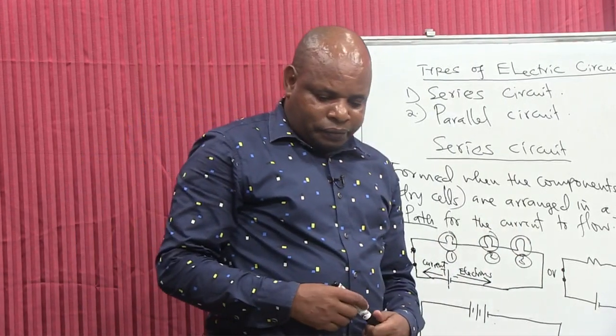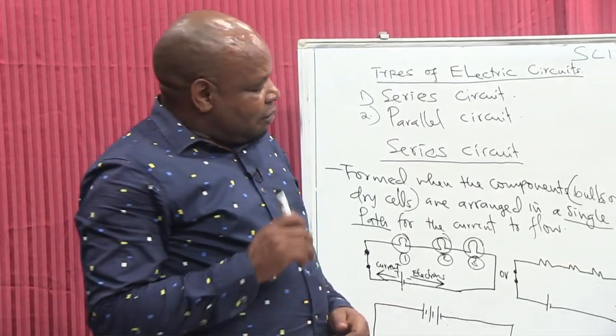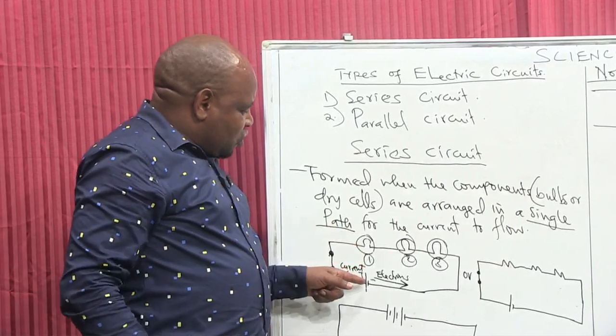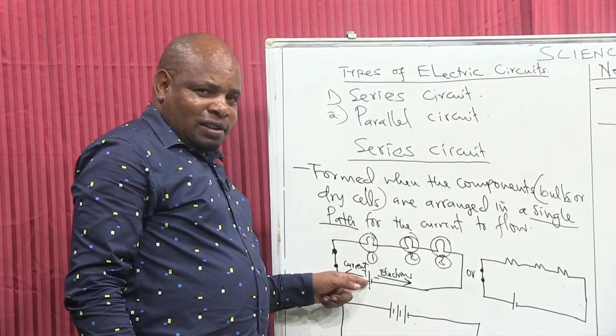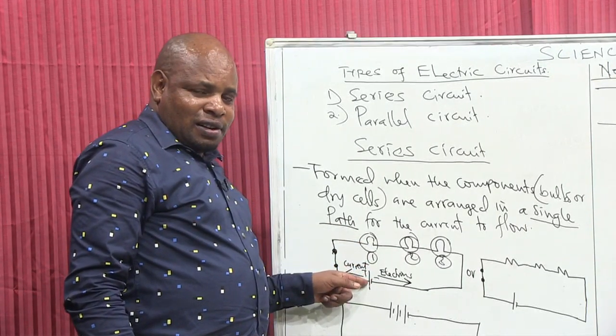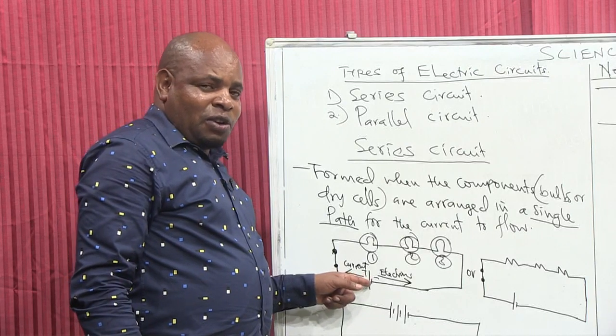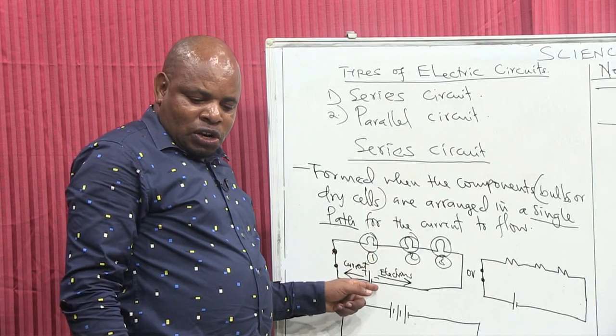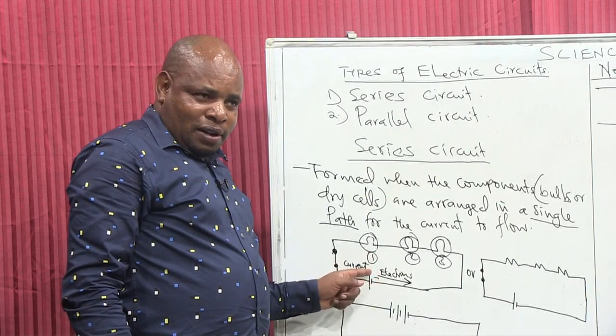But the brightness of the bulbs can change if you change the number of dry cells or the source of power.